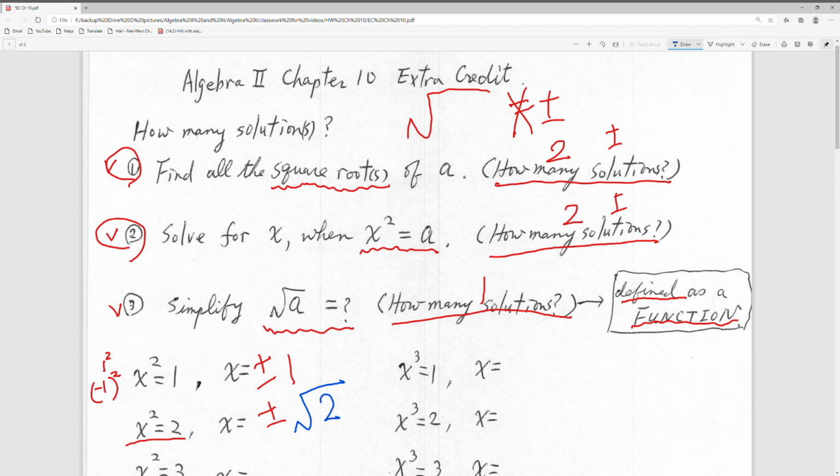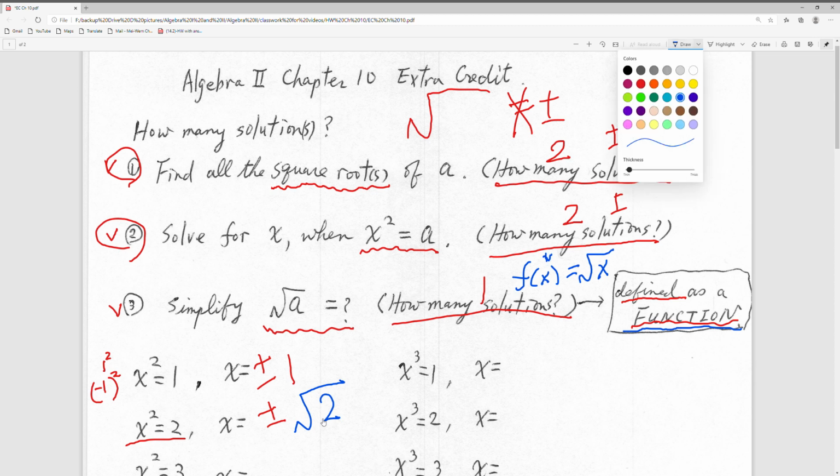But you still need a positive and negative, because we design the square root as a function. Now recall the concept from chapter 7. If we have a function of x equals square root of x, if I input 2, then the output needs to have only one answer.